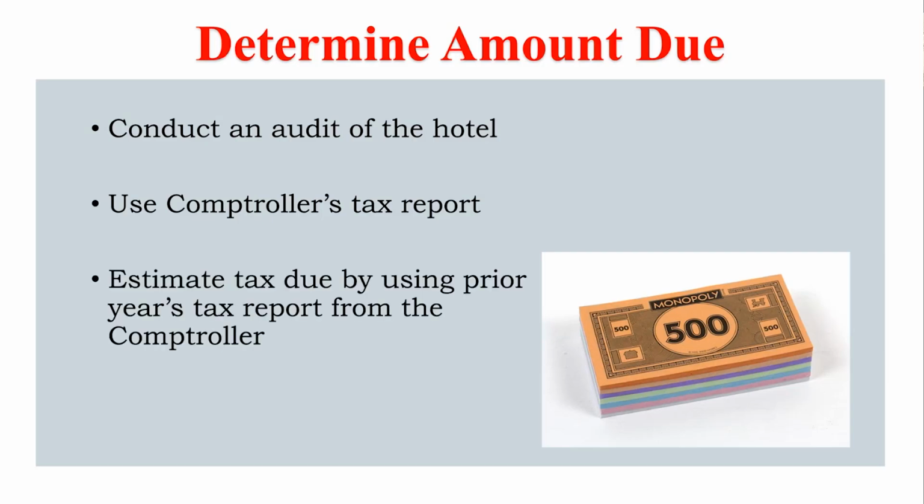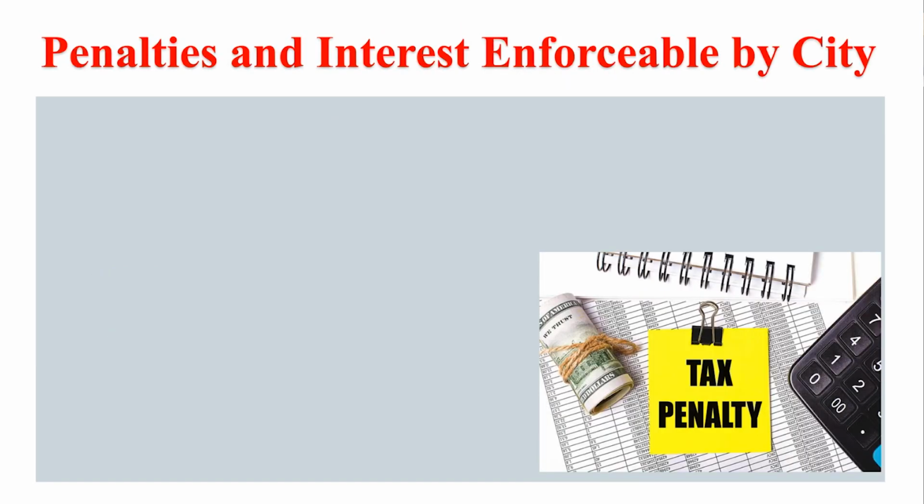Lastly, if the hotel owner operator did not file their report to the comptroller for the same period in which they failed to report to the municipality, the city or county can estimate the amount due using the comptroller's tax report from the previous calendar year.